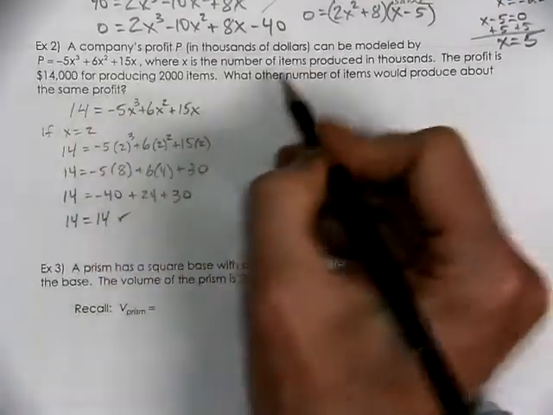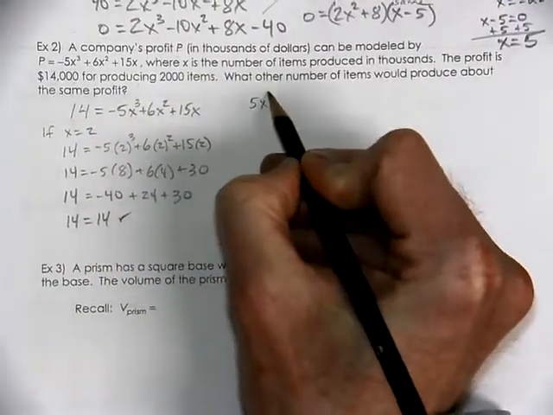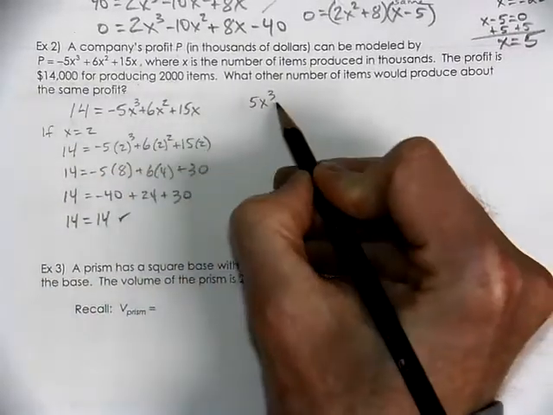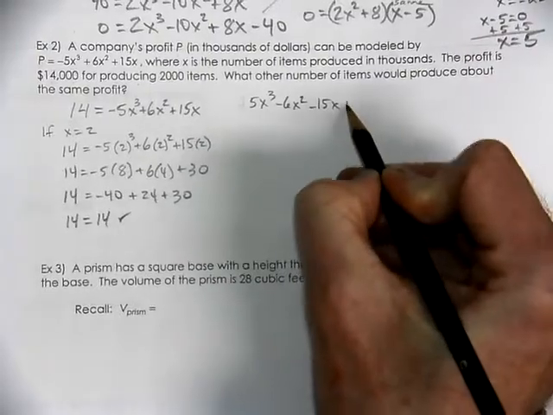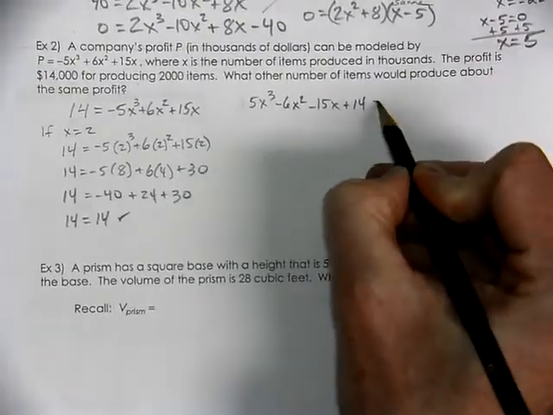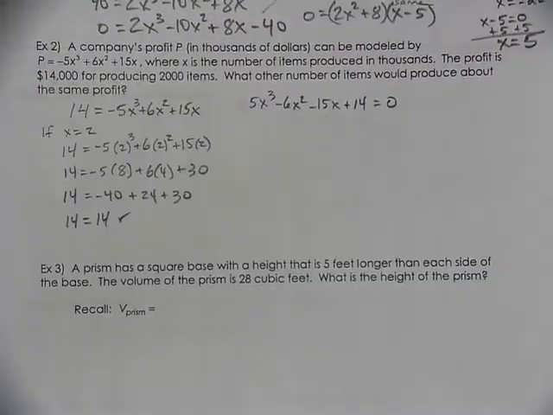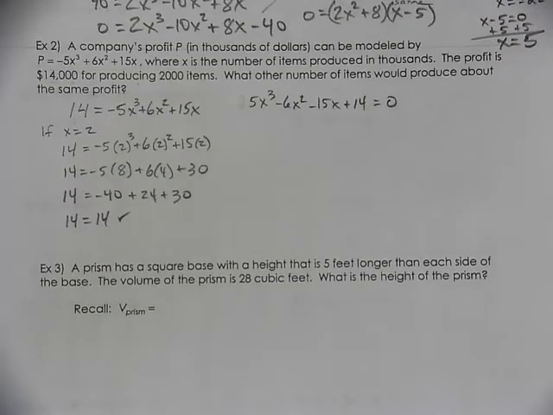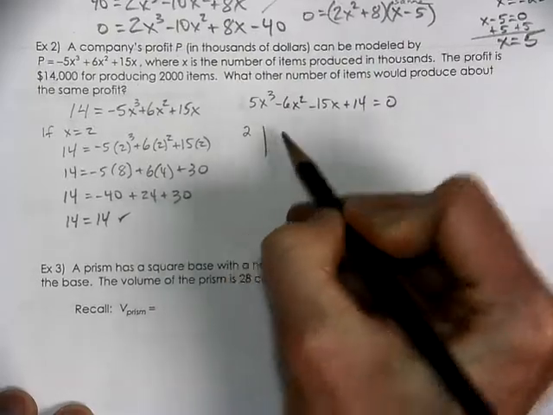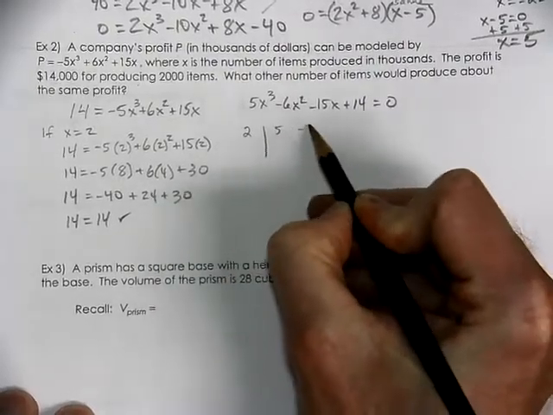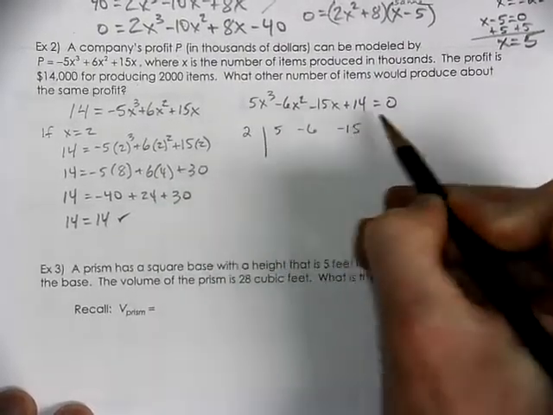So I'm going to add the 5x cubed over, subtract the 6x squared over, minus 15x. I already have a positive 14. Now that's 0 on that side. I brought them all over to the same side, because of course that's what we need to do with a polynomial. We need to equal it to 0. We know that 2 is a 0. That's what they told us in the very beginning.